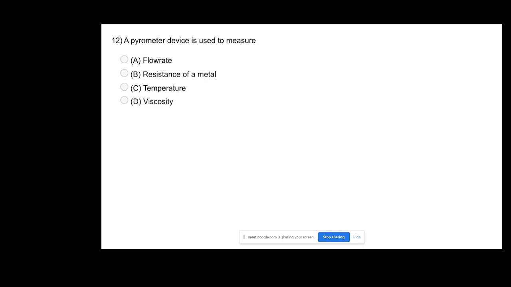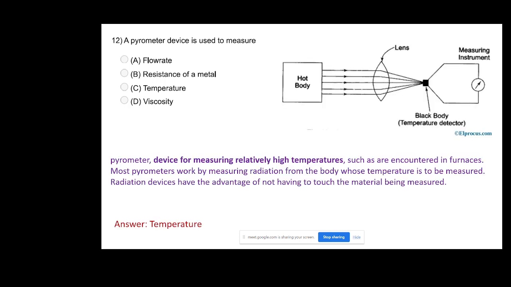Now the next question is, a pyrometer device is used for measurement of dash. A pyrometer is a device which is used to measure temperature from a distance.